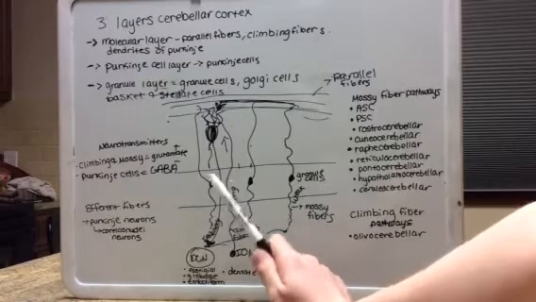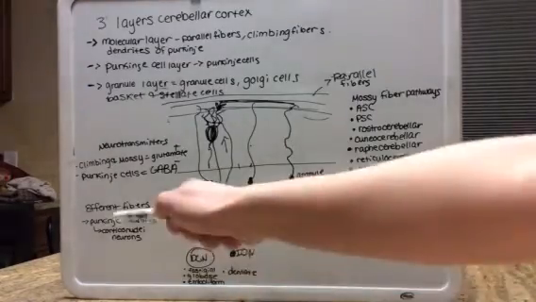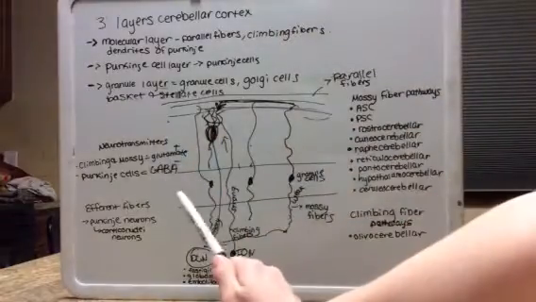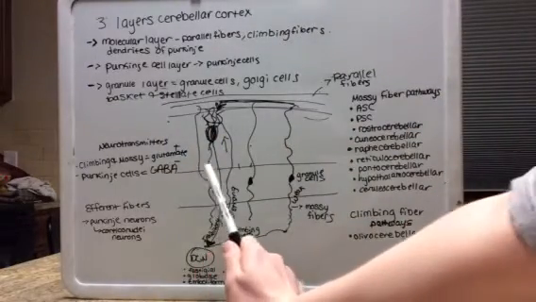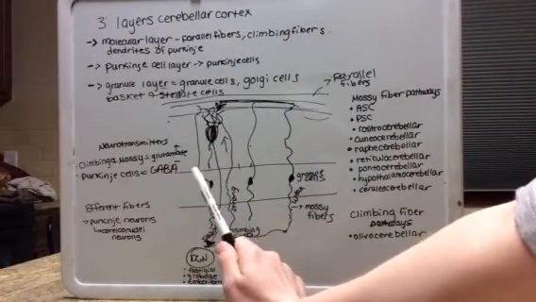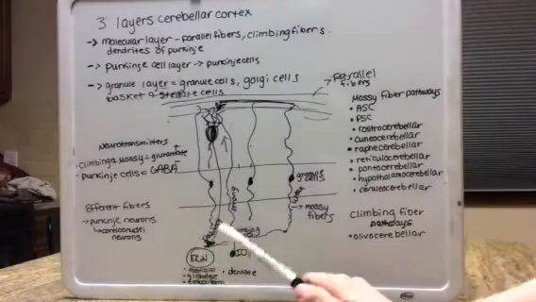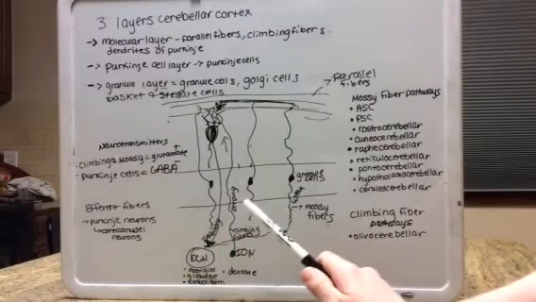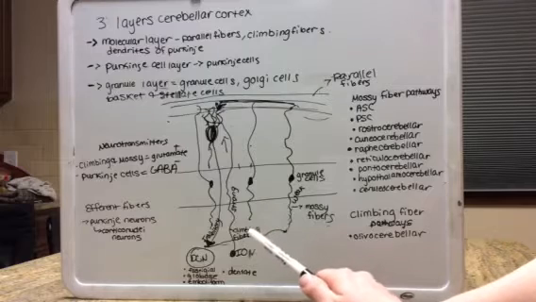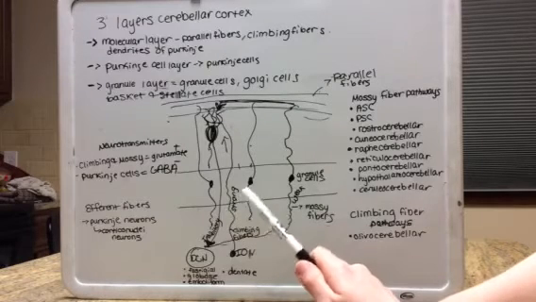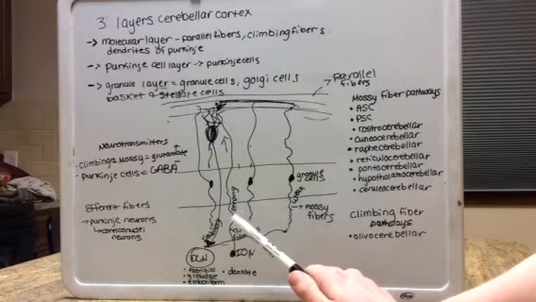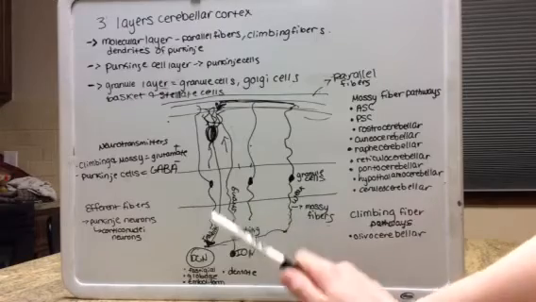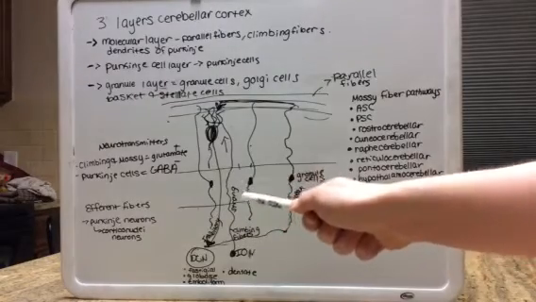So for output, the efferent outputs of this system, how information gets out, your main efferent neurons will be your Purkinje neurons. The main output from the cerebellum is considered a corticonuclear neuron, and it will receive its info from the corticonuclear pathway.